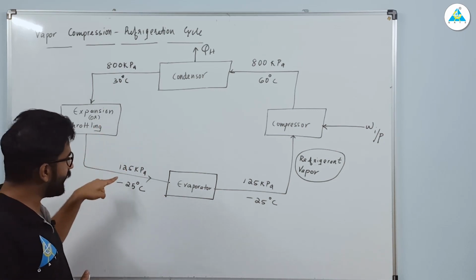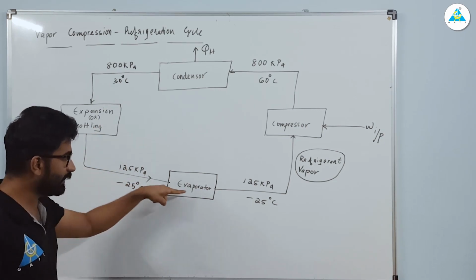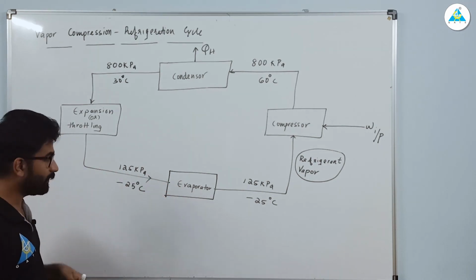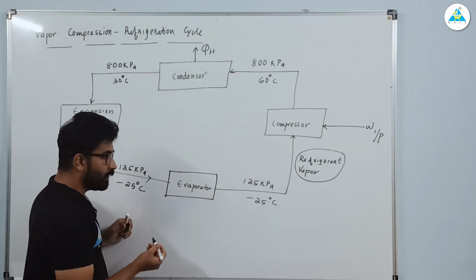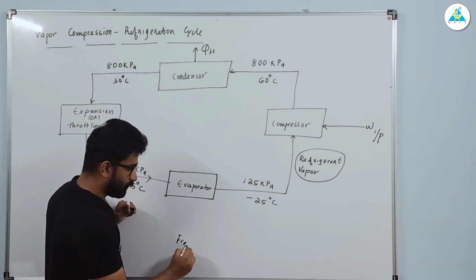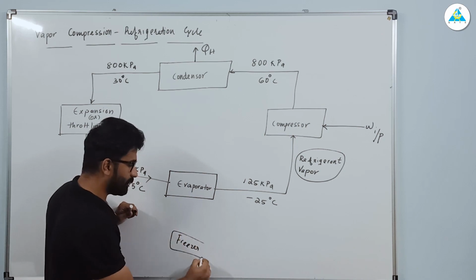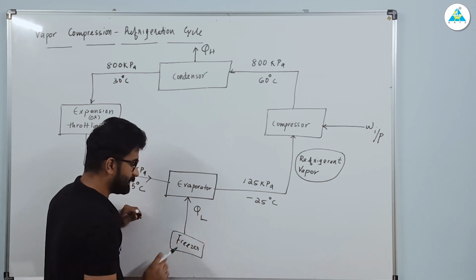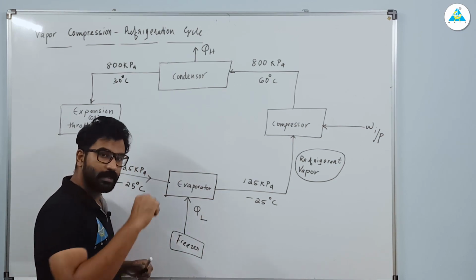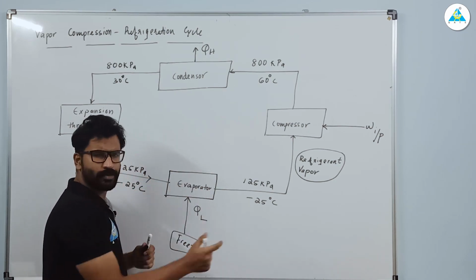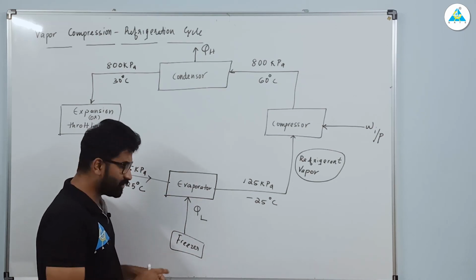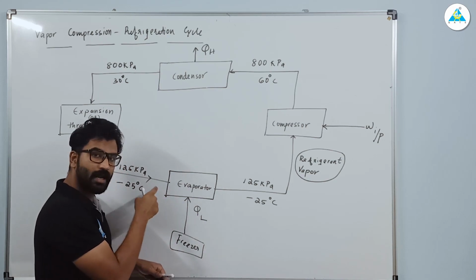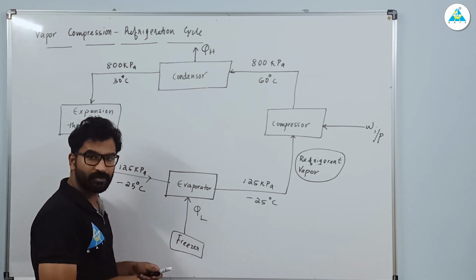Now, when that particular refrigerant liquid is entering this evaporator, what will happen? It is a low temperature liquid. So from your freezer or fridge compartment, the evaporator will take heat, from whatever food material is there in your fridge, so that we should be able to evaporate this particular refrigerant liquid.